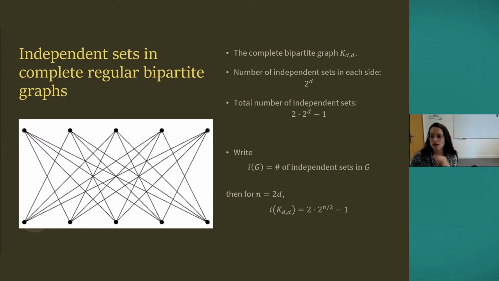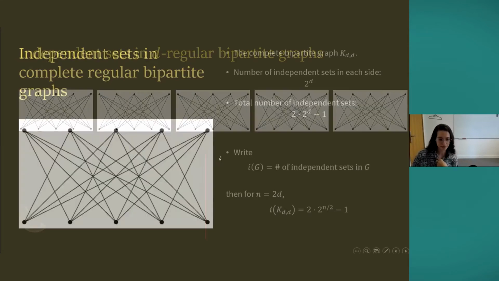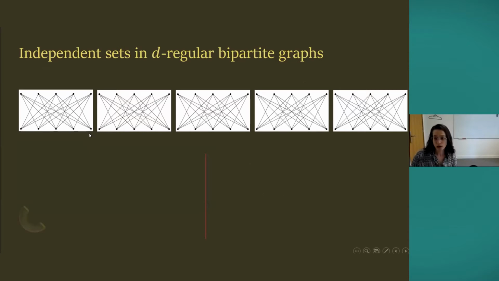Okay, so now a little bit more complicated example, but still simple. Instead of one copy of K_{D,D}, I want to take k copies of K_{D,D}, and count the number of independent sets here. This is also pretty easy because in each part, we know the number of independent sets is this thing, and we have no edges between the different copies of K_{D,D}.